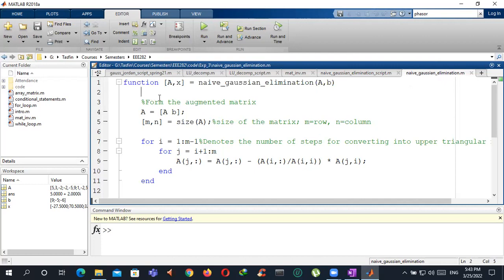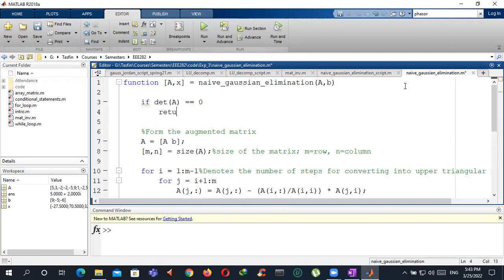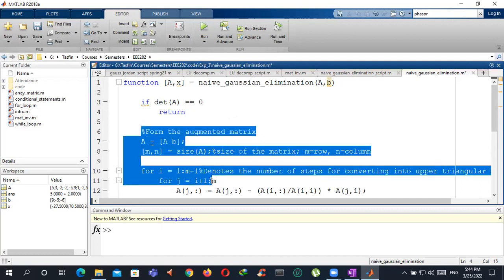Let's assume I'm giving you just some hint. What you can do is put an if-else condition, like if the determinant of A is equal to 0, then you can just return. Return means we will go out of this code, we will return from this function without executing these lines.